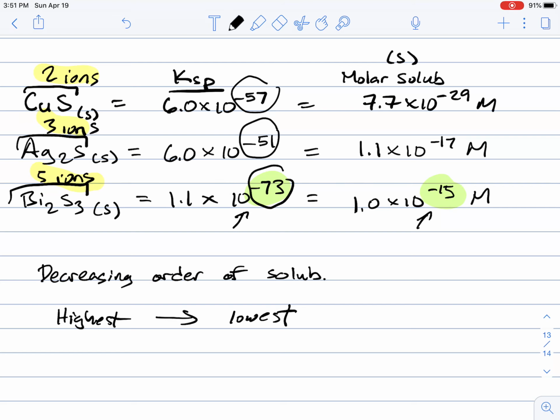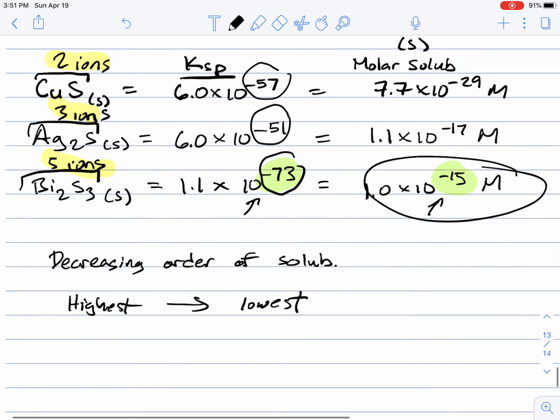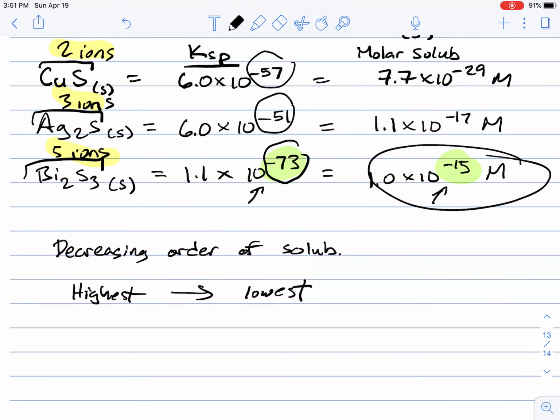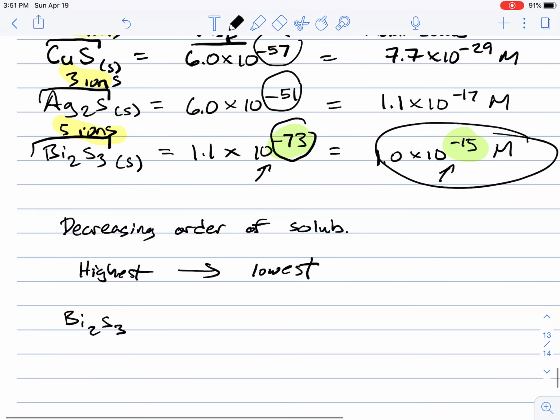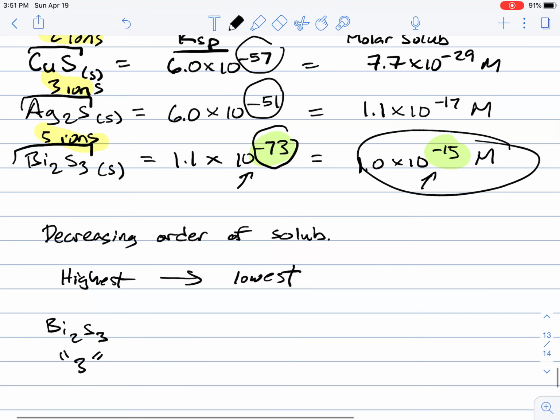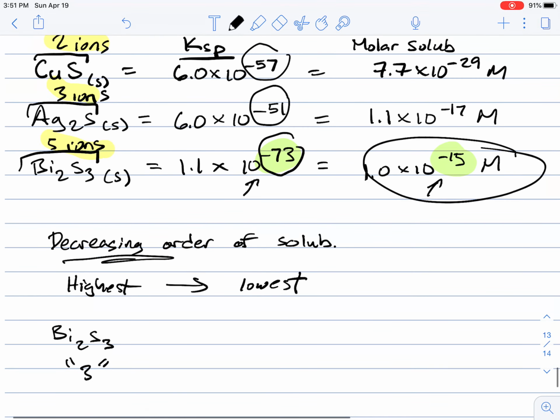And so the highest molar solubility is going to be Bi2S3. So Bi2S3 is the highest. Okay, so I'll just go ahead and put this as 3 for now, because we're going in decreasing order.